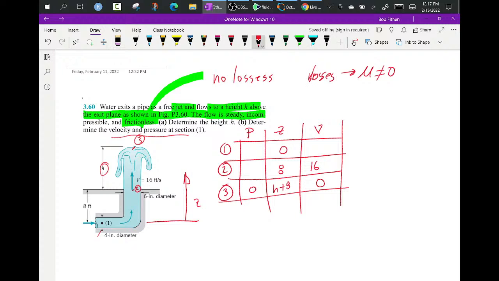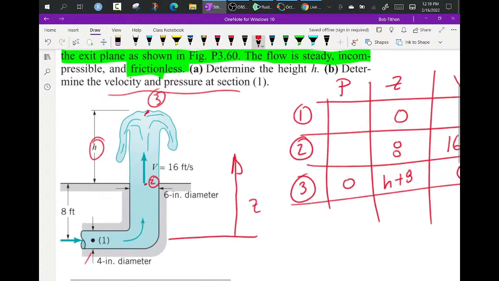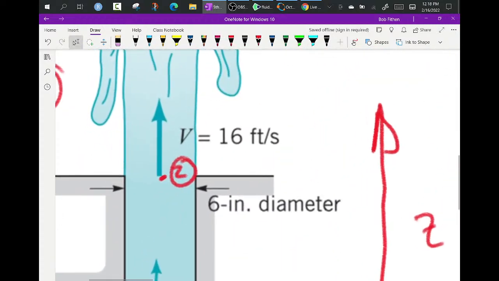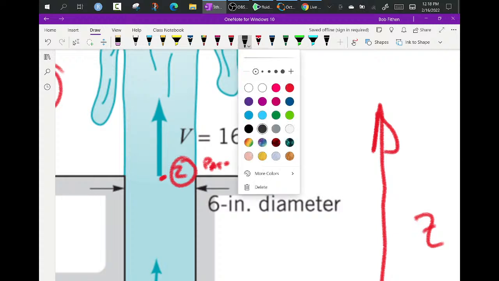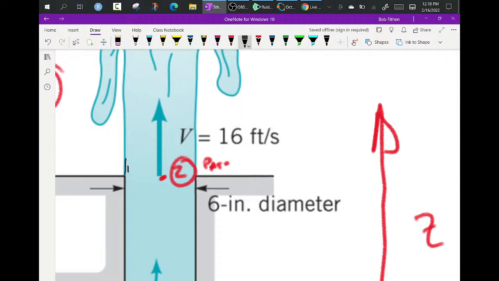The thing is, when it moves outside of this realm, meaning that this is atmosphere, so what you have here is pressure equal to 0 here, in here, in here, and all the way up.